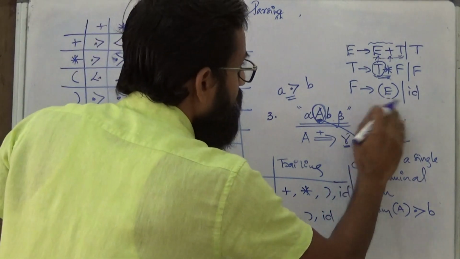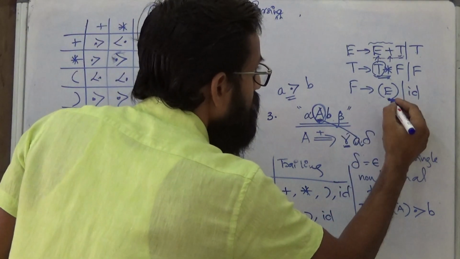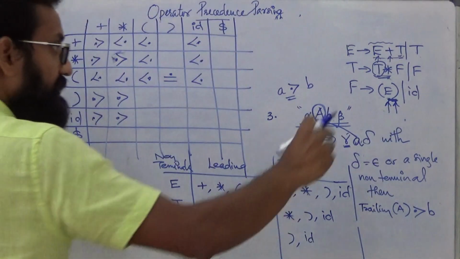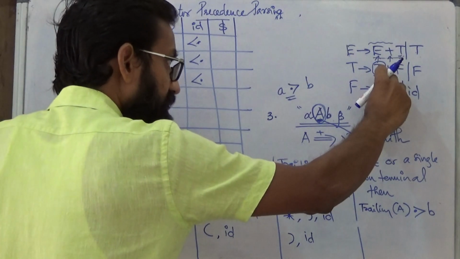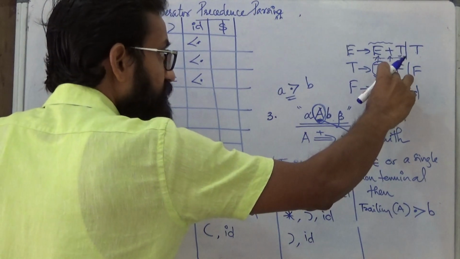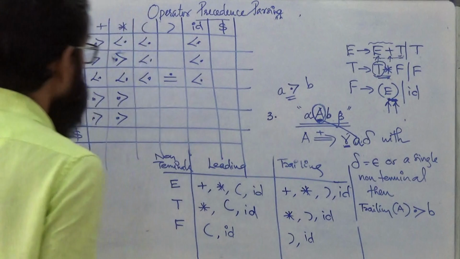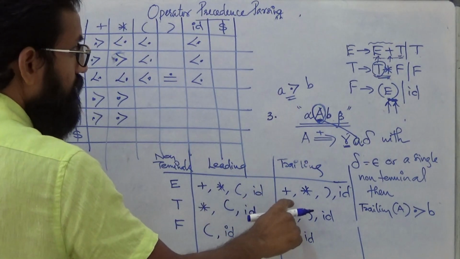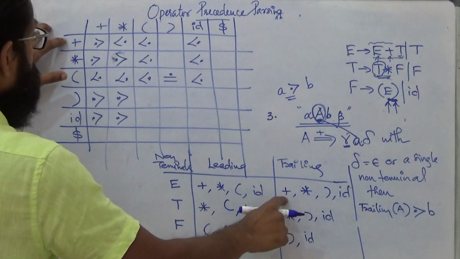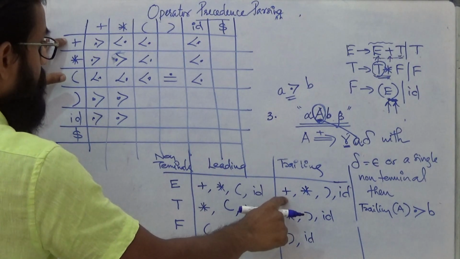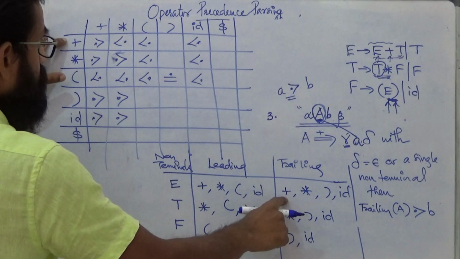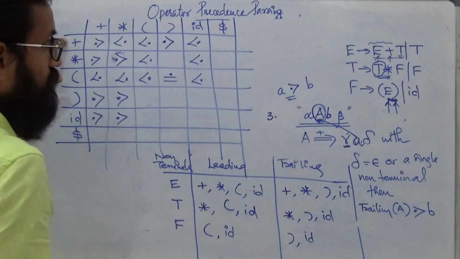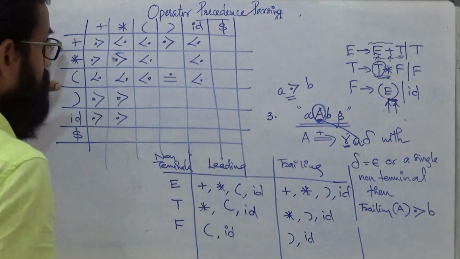Now you can consider this one. Variable E is followed by closing parenthesis. So you can relate everything in trailing of E to closing parenthesis. Trailing of E contains plus, so plus is having greater precedence as compared to closing parenthesis.